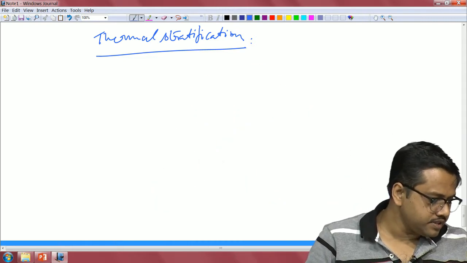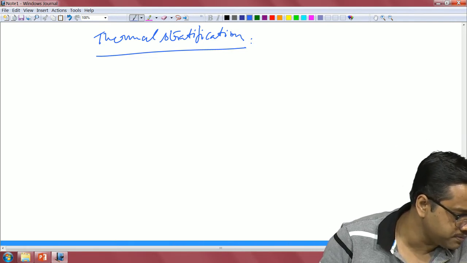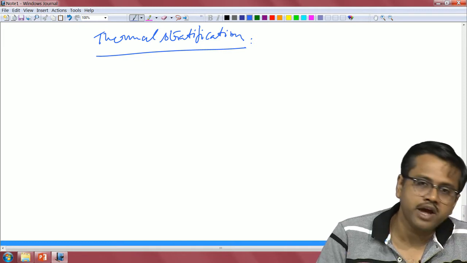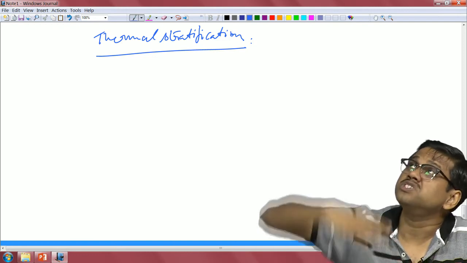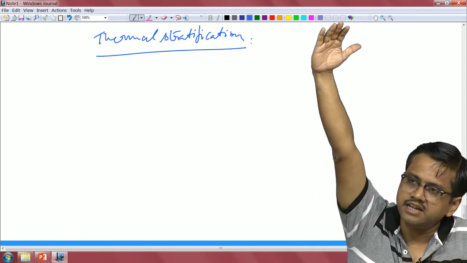But this is obviously the simplest model possible, and it is not exactly the case when you deal with realistic situations. In realistic situations, there will be a ceiling of some sort at the end of the day.